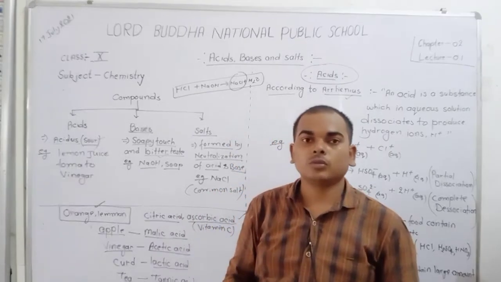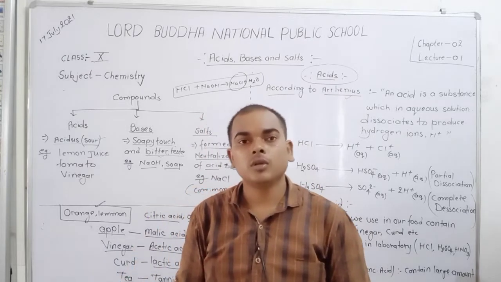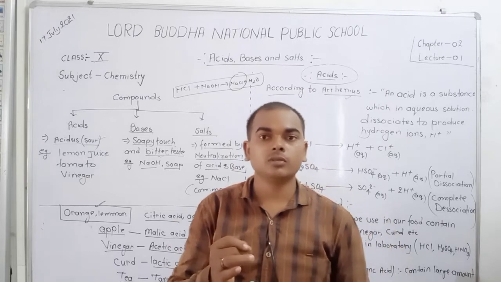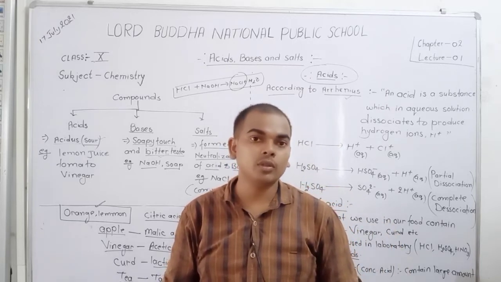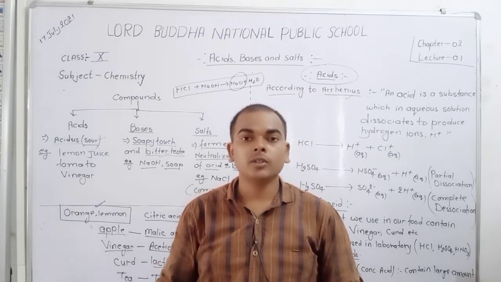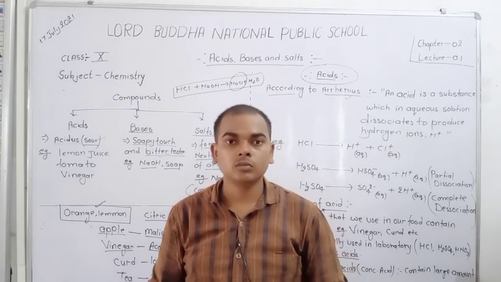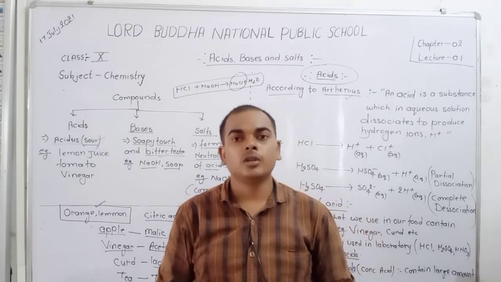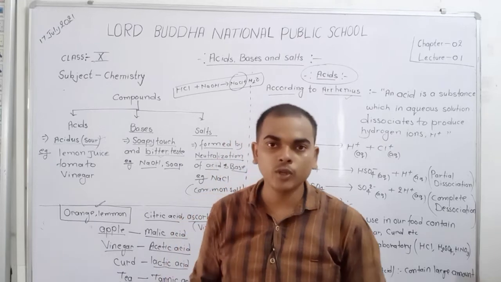Explaining acid, base and salt by tasting is impossible because some acids are strong and they affect your body parts. So don't taste or touch the acid without using gloves. Okay, student?